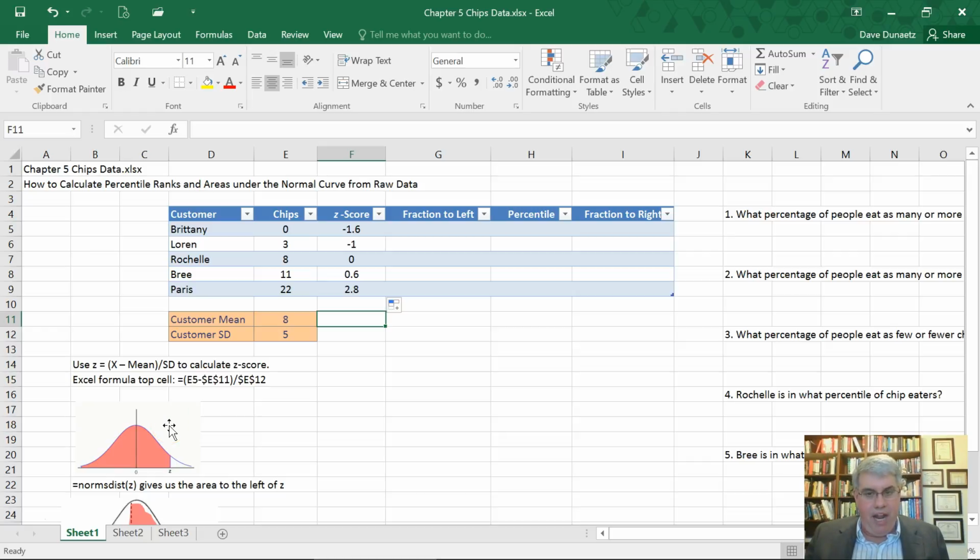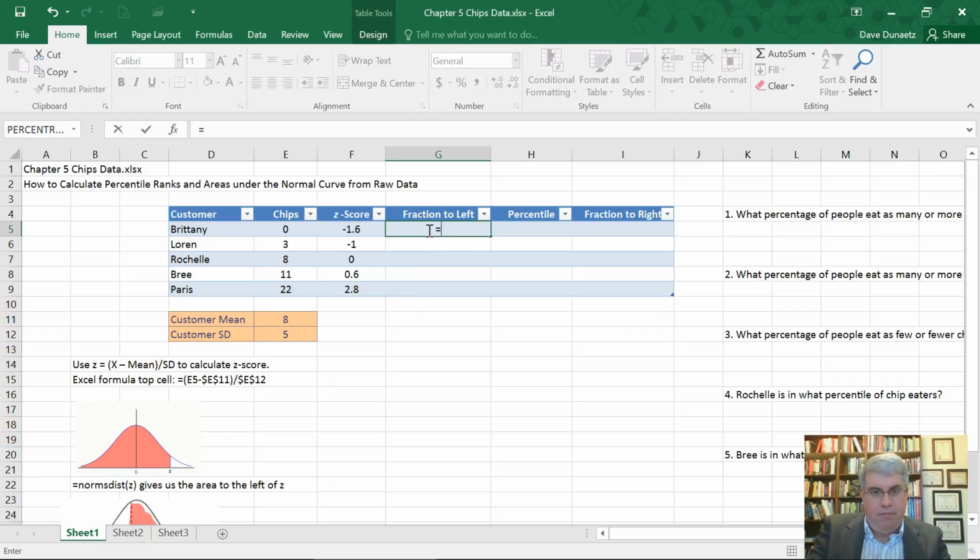And we can get that into a fraction, and then we can convert that to a percentile. The way that we do that is with this Excel command, equals NORM.S.DIST z. That's a normal standardized distribution of z. That gives us the area to the left of z.